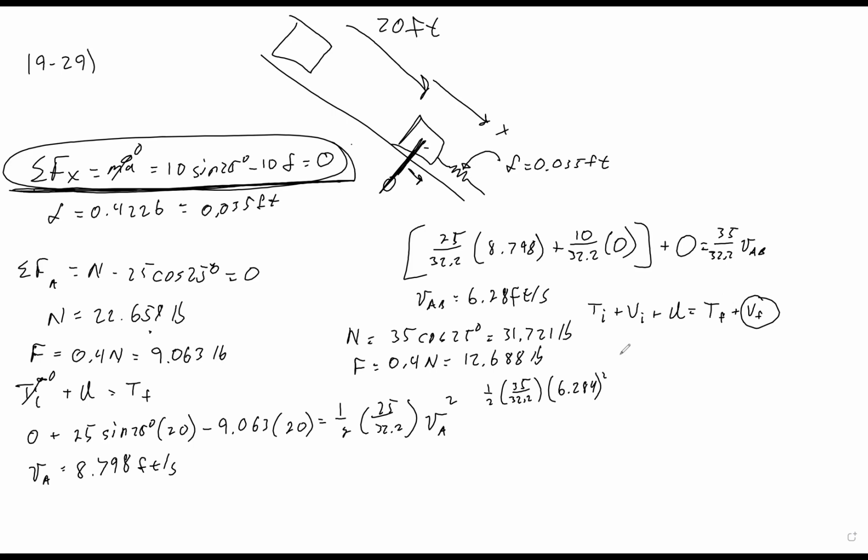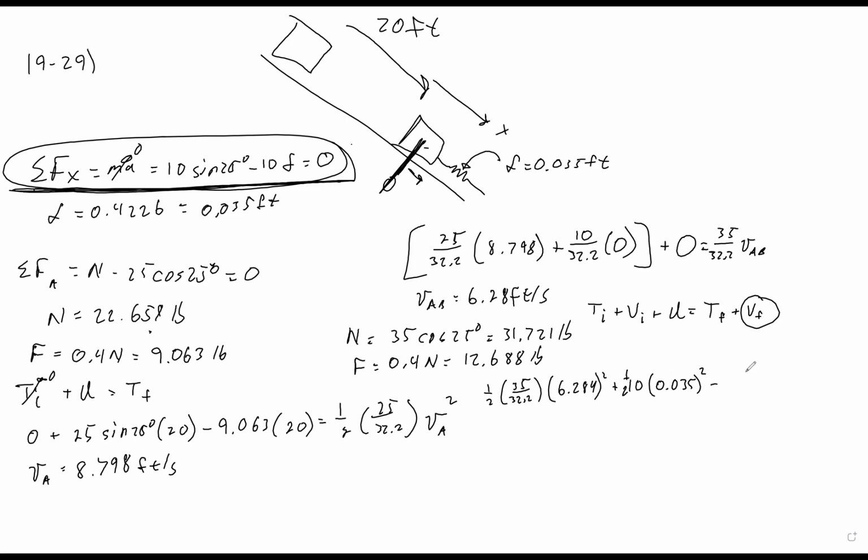All right, and then we are going to have the initial potential energy of the spring. Remember that box B already started with the spring a little bit compressed. So we'll have 1/2 times the spring constant times 0.035 squared, feet squared, okay?